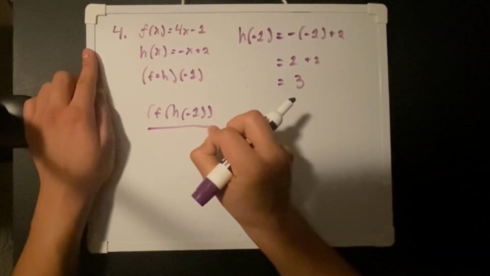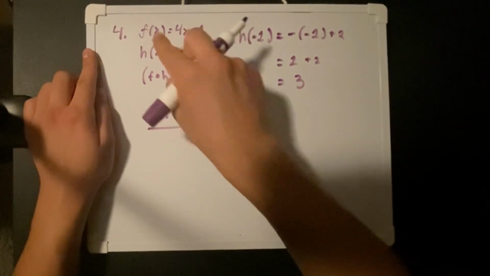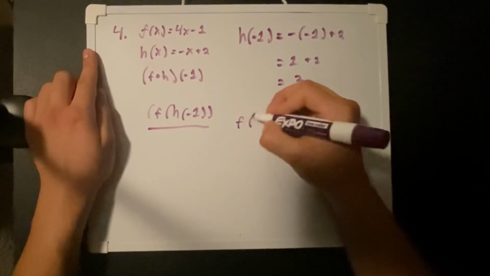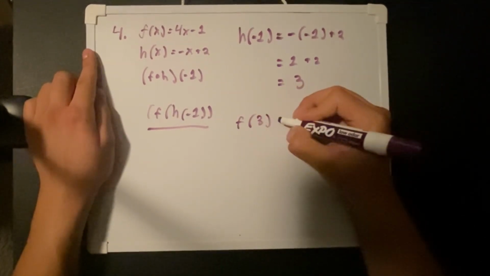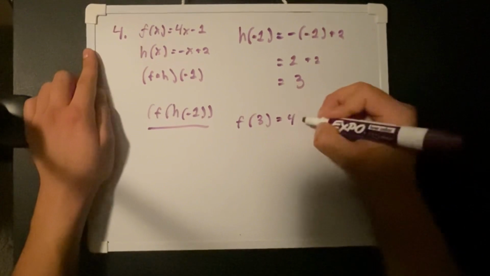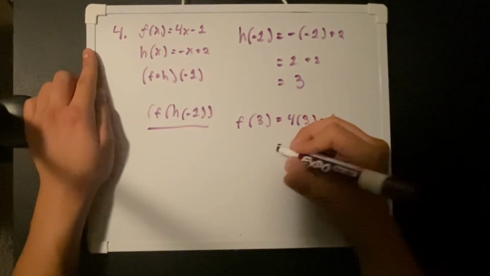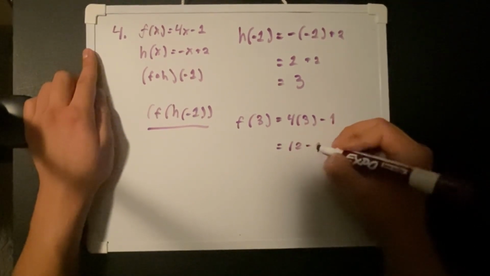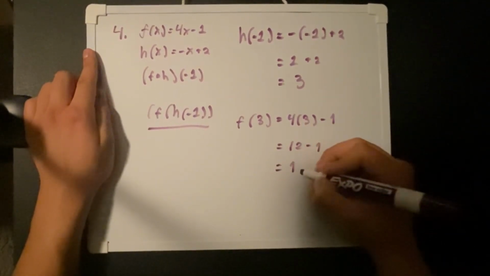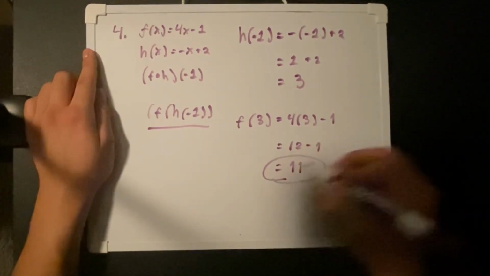H of negative 1 just becomes 3. So f's x becomes 3 as well. And you set anything where you see x equal to 3. And we're left with 12 minus 1 equals 11. And this is our answer.